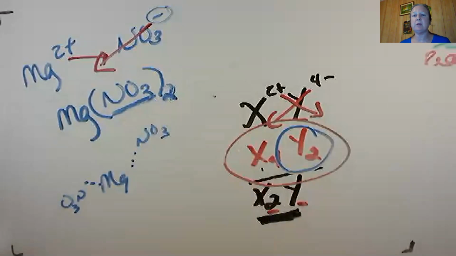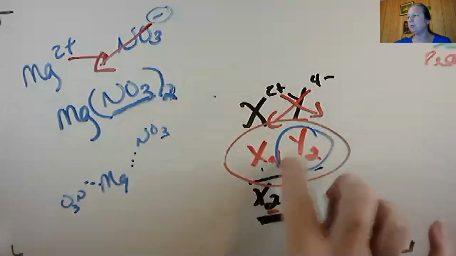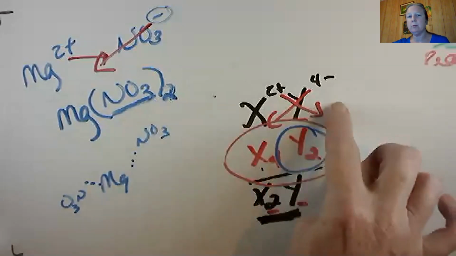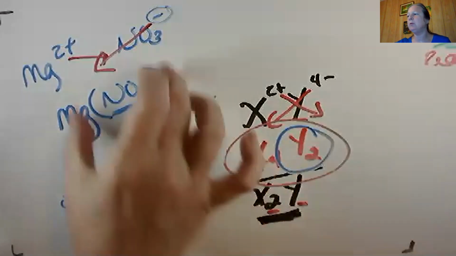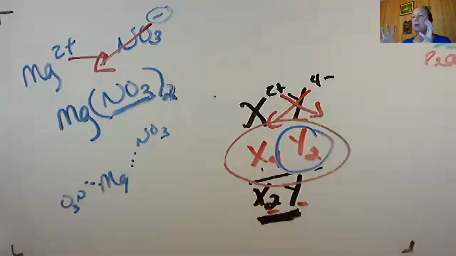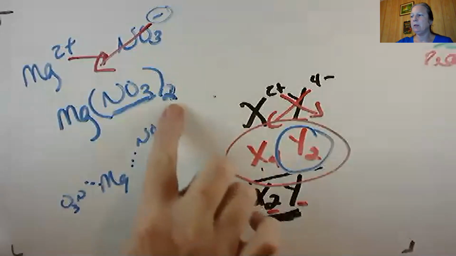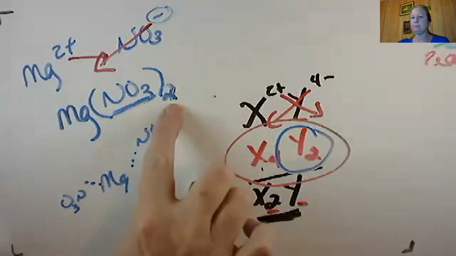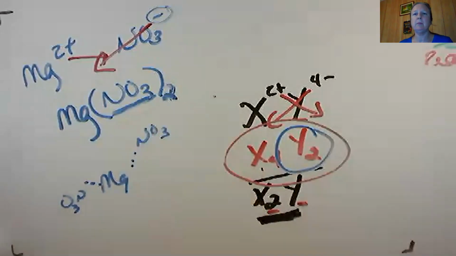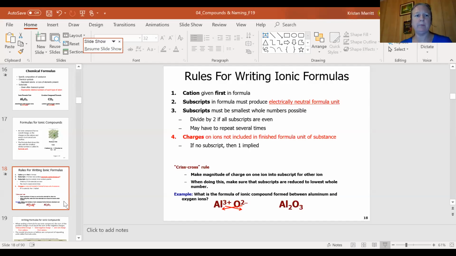So the rule is the same. You use your XY crisscross. It's just that you have to put parentheses to show that this entire structure you have 2 of. You should have homework in Alex that helps you practice this. Okay.